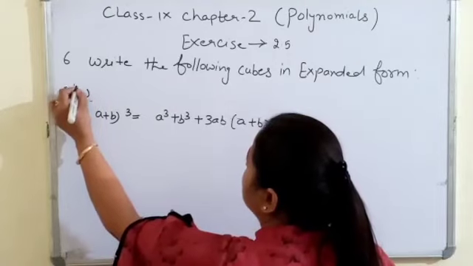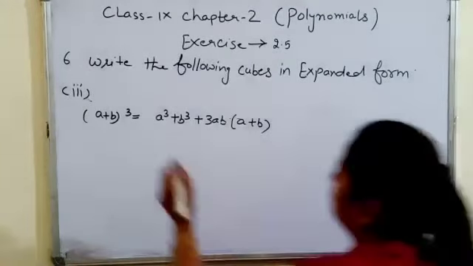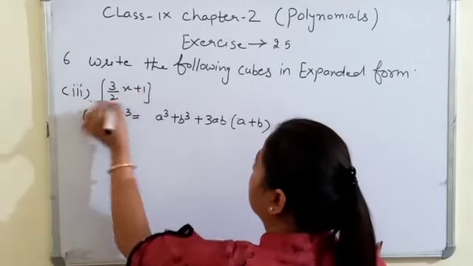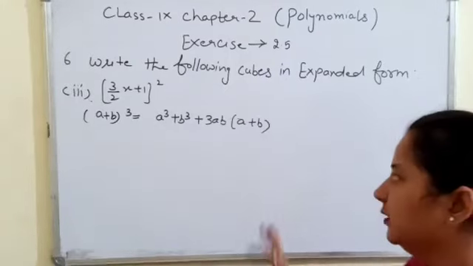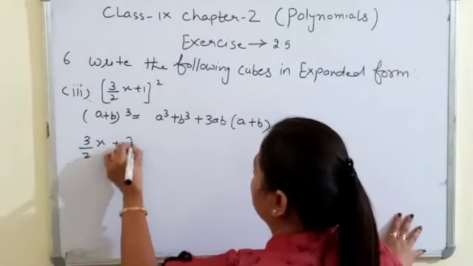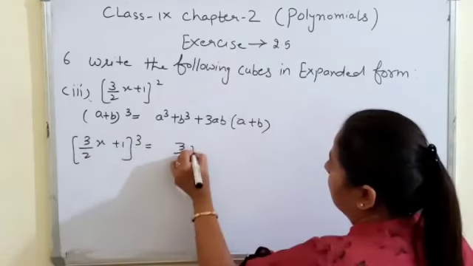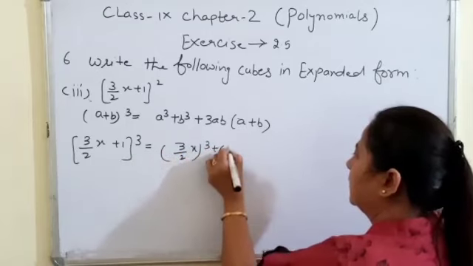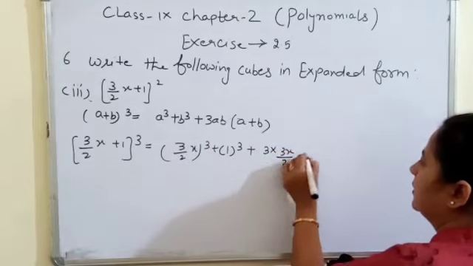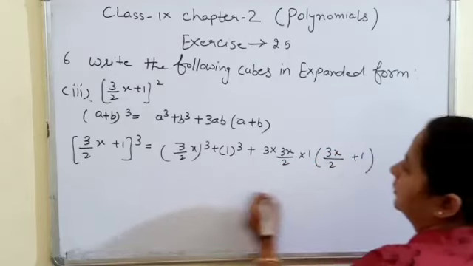In third part, we have to find 3 by 2x plus 1 whole cube. So what is a here? That is the 3 upon 2 x, and b is 1. So let's apply a cube plus b cube plus 3ab into a plus b.